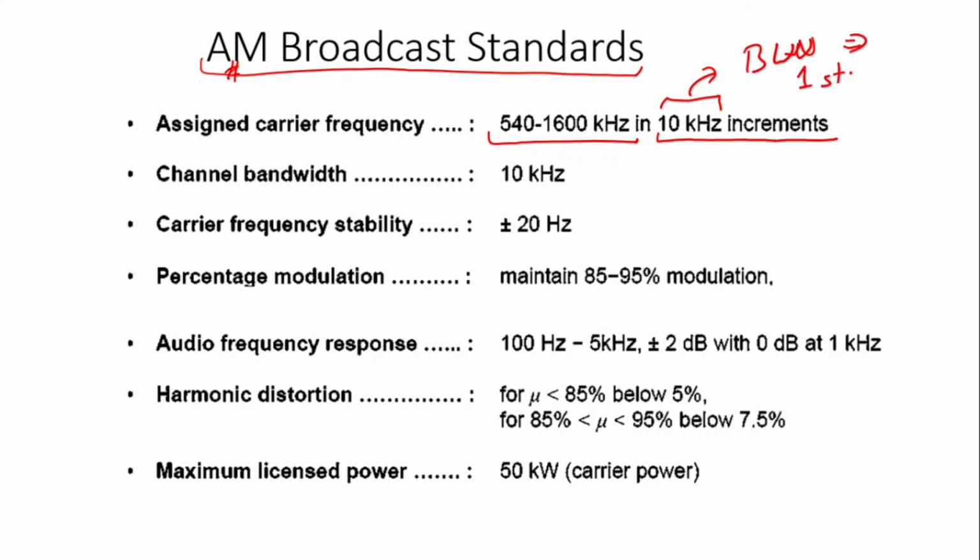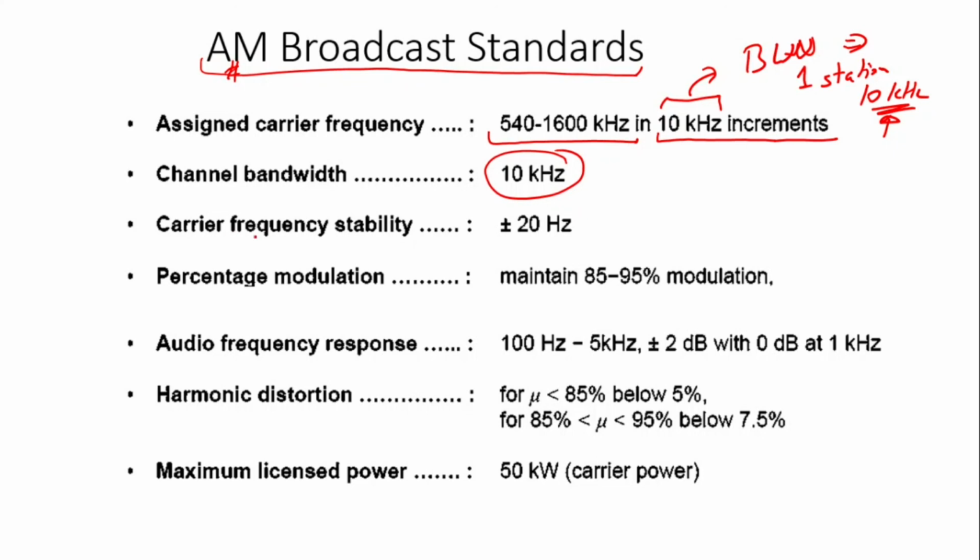One station is roughly having 10 kilohertz of spectrum. Within this 10 kilohertz you would have some guard band, so the actual bandwidth would be a little less. So we have a channel bandwidth of 10 kilohertz.